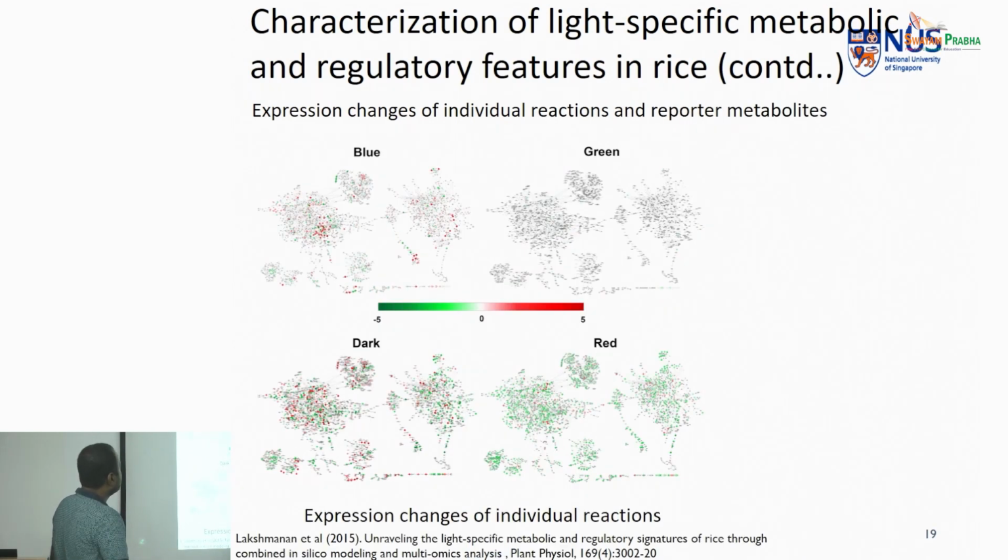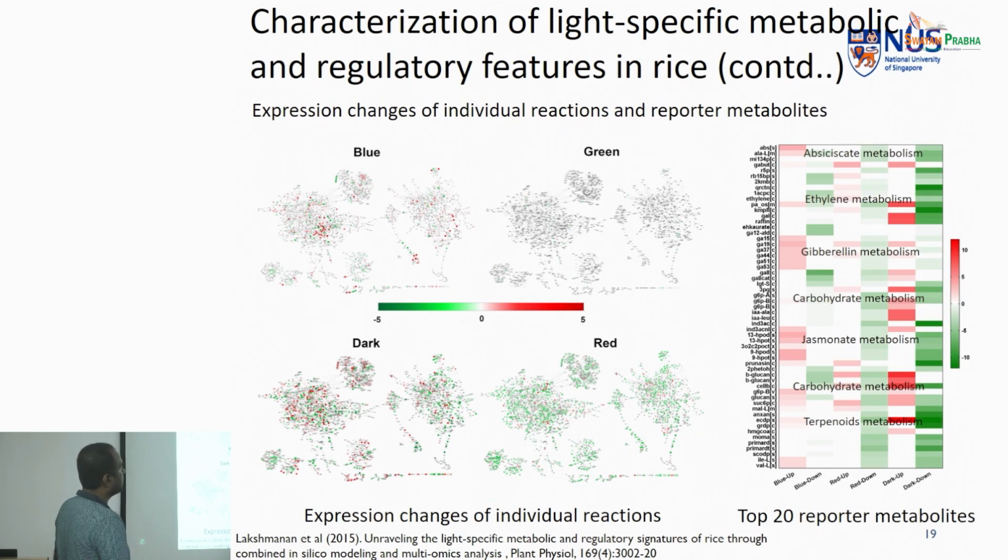This plot shows that we were able to map the changes happening in different pathways, and whether they are upregulated or downregulated when compared to the white light. You could see that the major change is happening in red and in the dark. So what are the reactions or pathways having a major difference? We noted that the majority of the secondary metabolites and plant hormones like gibberellin, jasmonate and abscisic acid metabolism were very different in the dark.